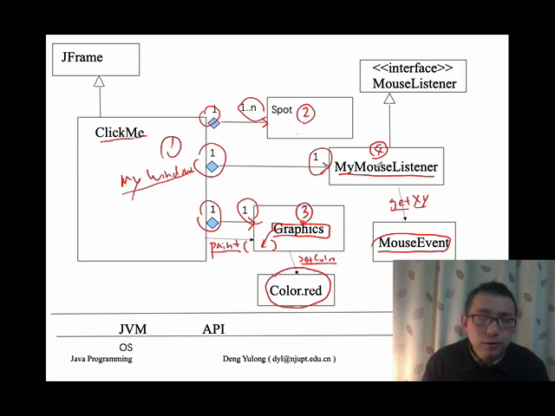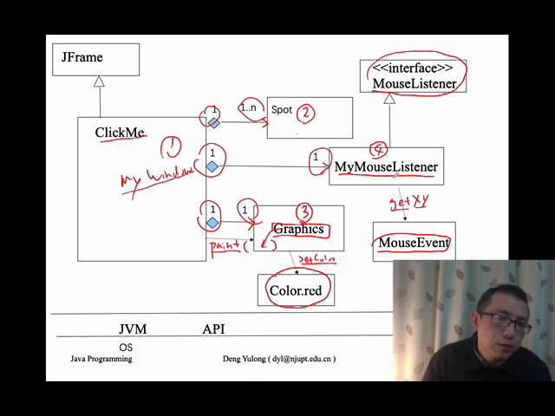Inside our system, our platform provides us a lot of different interfaces to solve this kind of problem. Here MouseListener is an interface. And if my MouseListener implements this interface, it can use the mouse. It can get the mouse information.